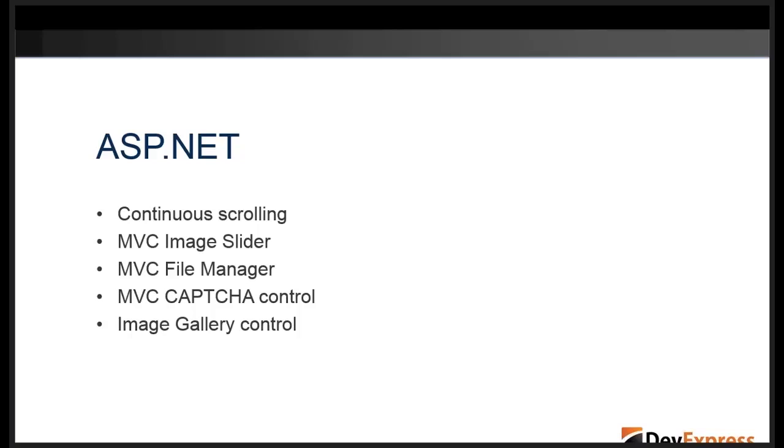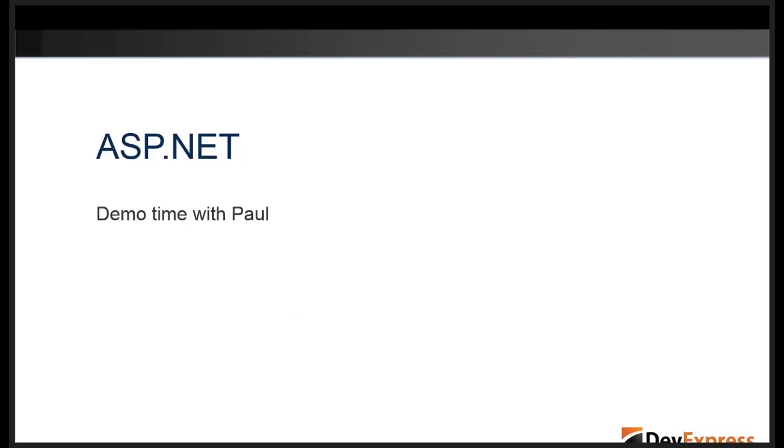On ASP.NET MVC, we've added the image slider from ASP.NET, the file manager from ASP.NET. We have a capture control also from ASP.NET, so we've created extension versions of those, and we've added an image gallery control.